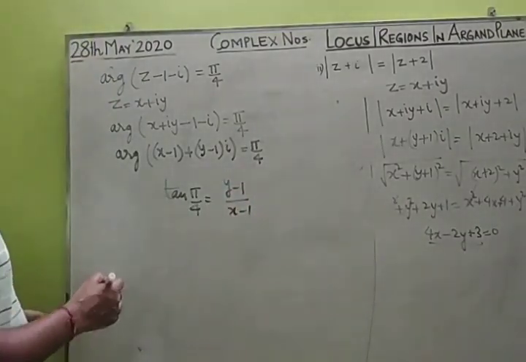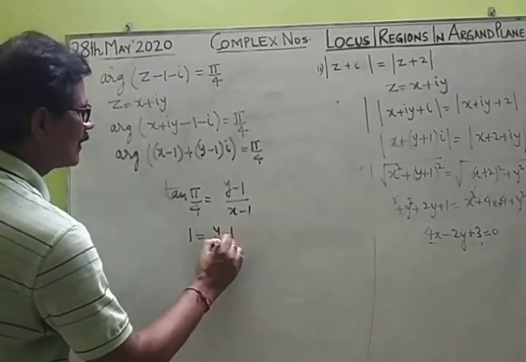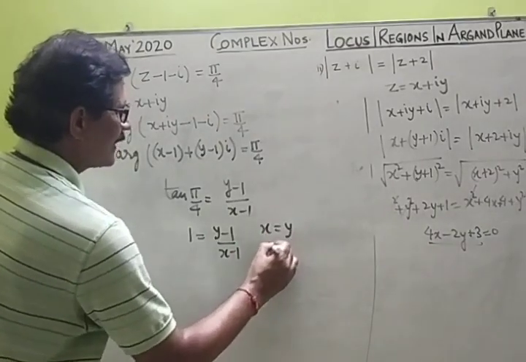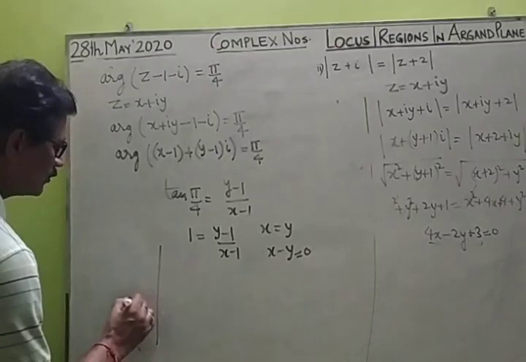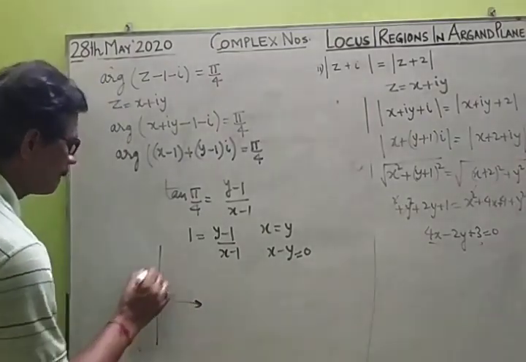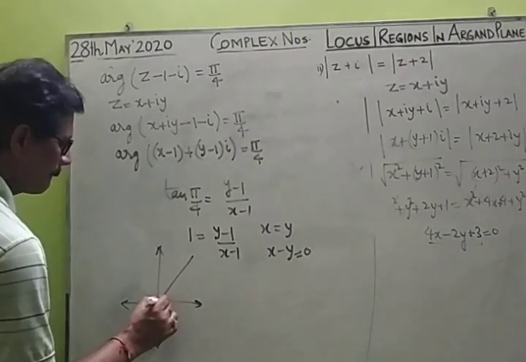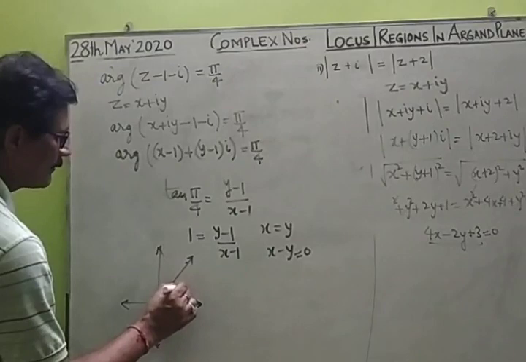Now you simplify this equation, it will become 1 is equal to (y minus 1) upon (x minus 1). So finally we get x is equal to y, or x minus y is equal to 0. And this line, you know, is a line passing through the origin and equally inclined to both the axes, that is with an angle of pi by 4.